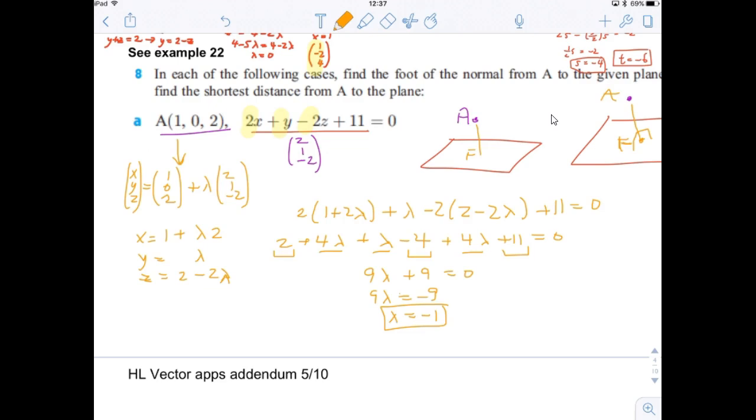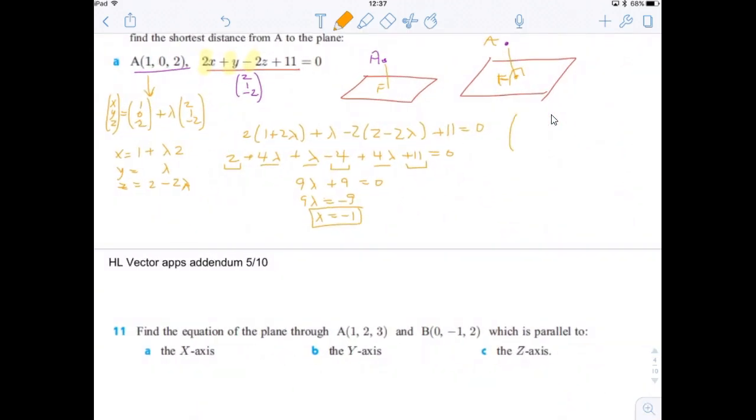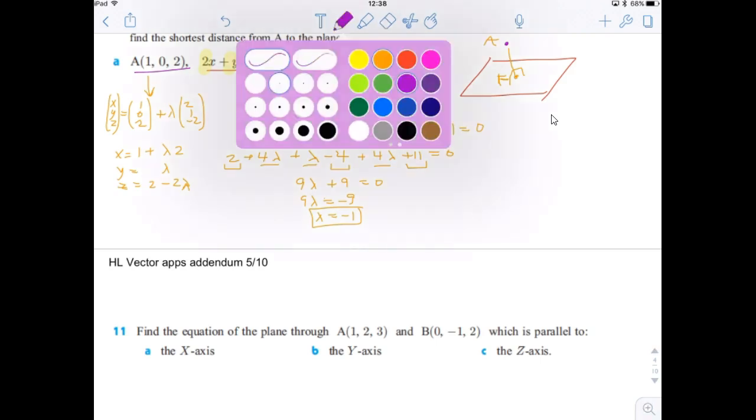So if lambda equals negative 1, that allows us to figure out the coordinates of the foot. We just plug it back into the orange equation. And so that will give us that x, y, z, and I'm going to draw in purple now because we are finding the purple point at this time.